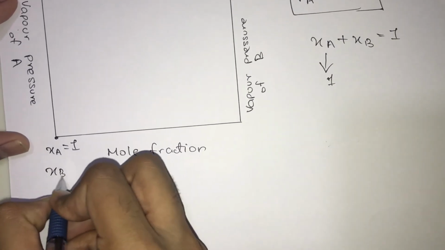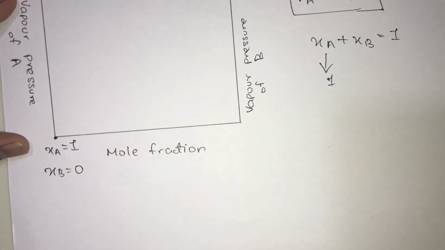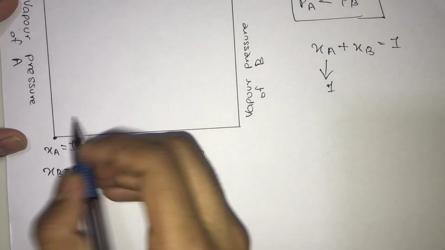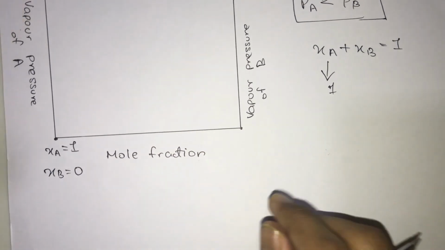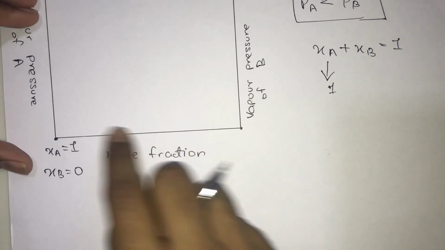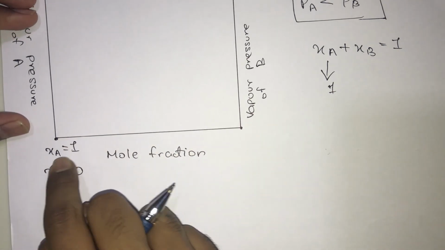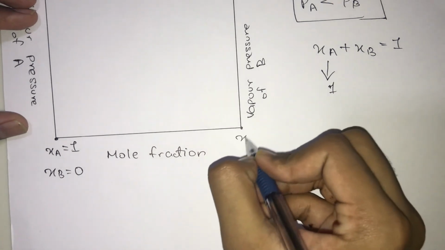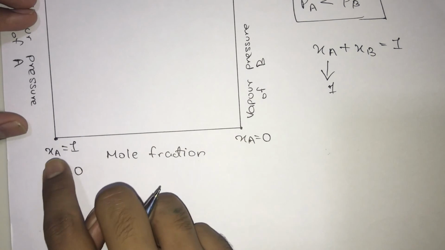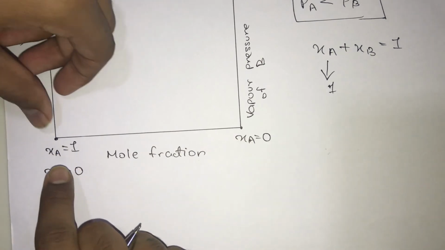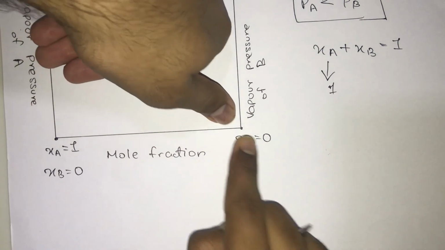So over here the mole fraction of XB is 0, and by the right side of this x-axis, what we are going to assume is that the value of this XA decreases from 1 to 0. So it is going to decrease from 1 to 0 as we move from left side to the right side.